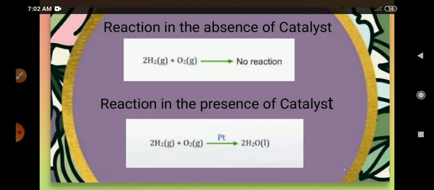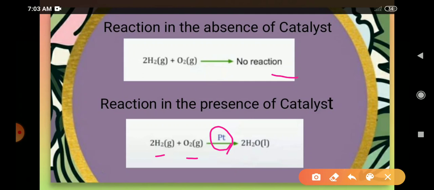In the same way, we consider the two equations here. In the first reaction, hydrogen and oxygen combine and here you can see that there is no product formation. But the same hydrogen and oxygen, if the reaction takes place in the presence of platinum, we can see the formation of product, that is water.